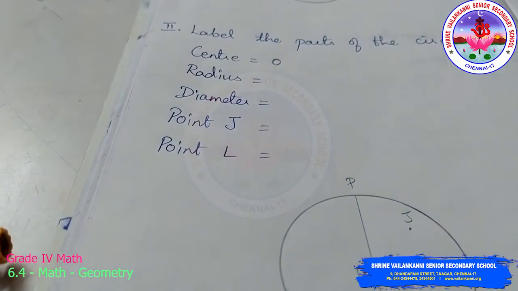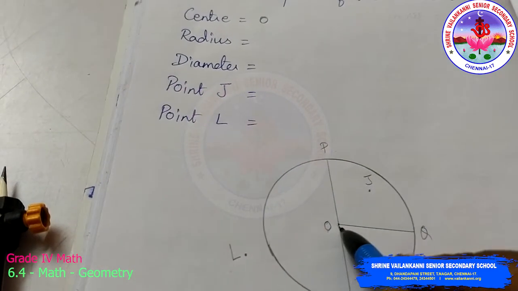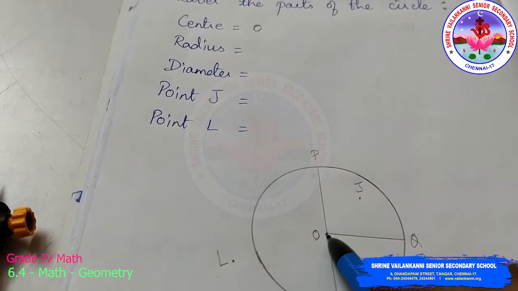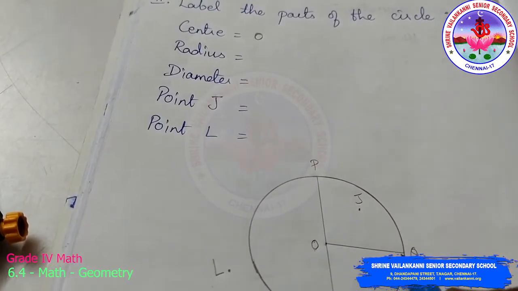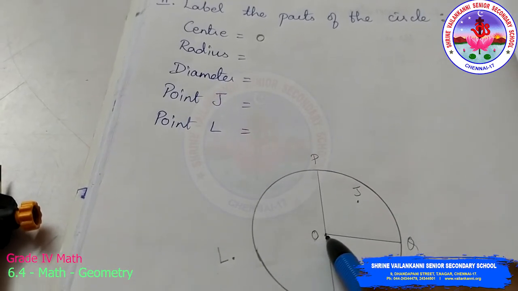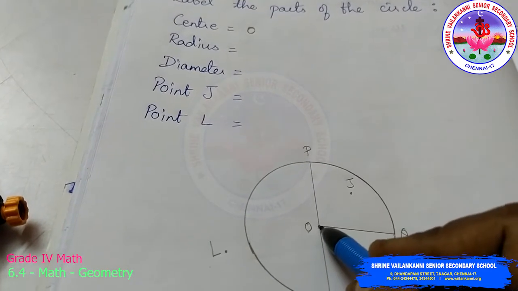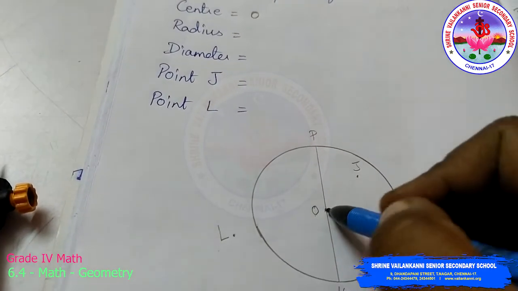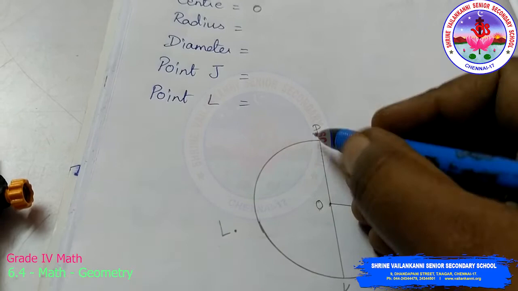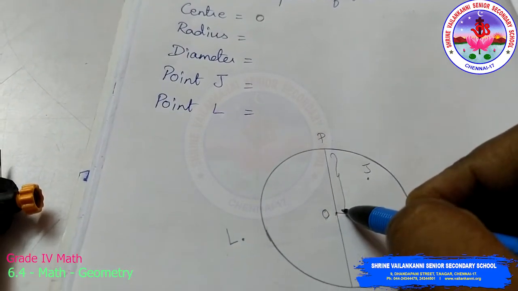Next, radius. The radius is the line which passes from the center point to any point on the circle. Here, O to P is one radius.